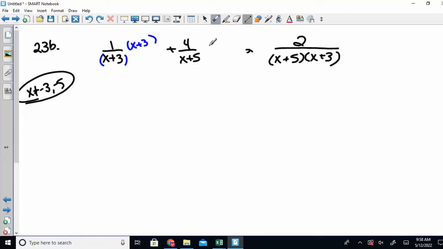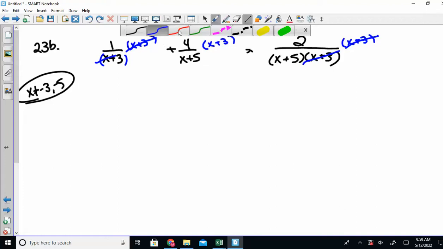Okay. If I want to get rid of the fractions, to get rid of this one we have to multiply by x plus 3. And if you do it to 1, you do it to all of them. Alright, if I want to get rid of this one, we multiply by x plus 5. So if you do it to 1, you do it to all of them.